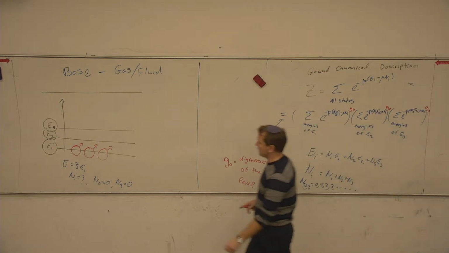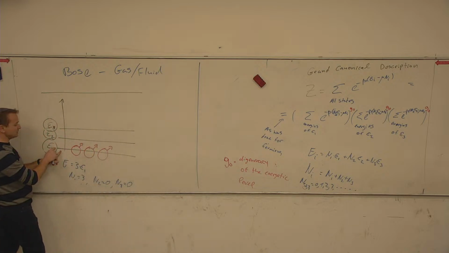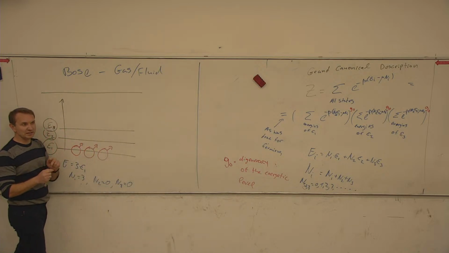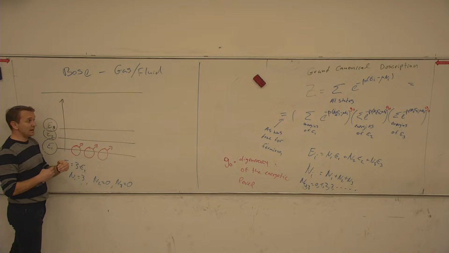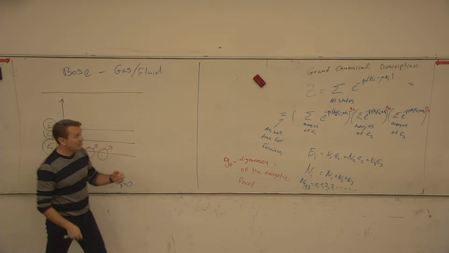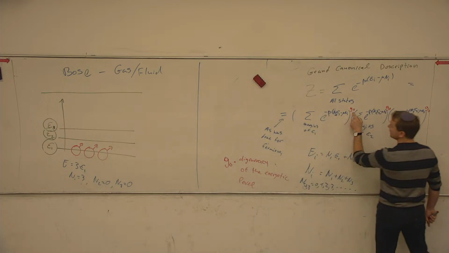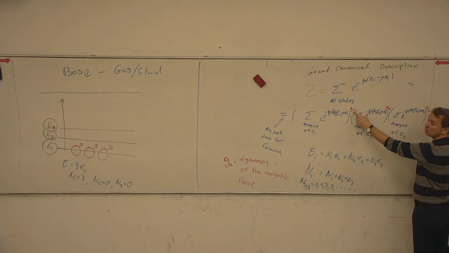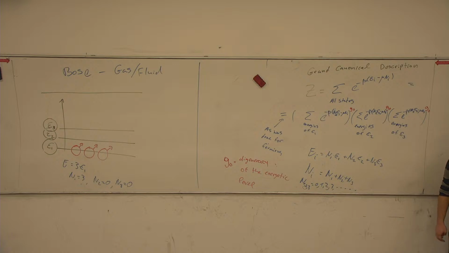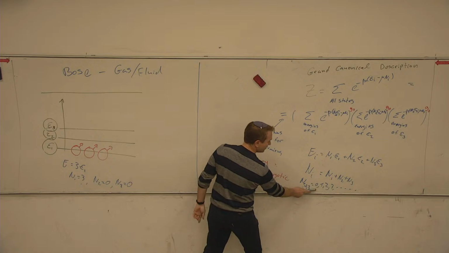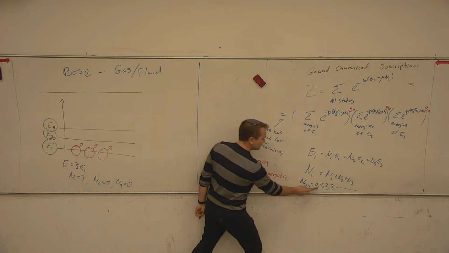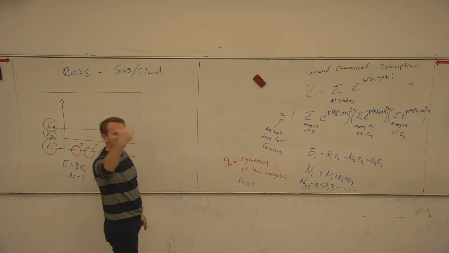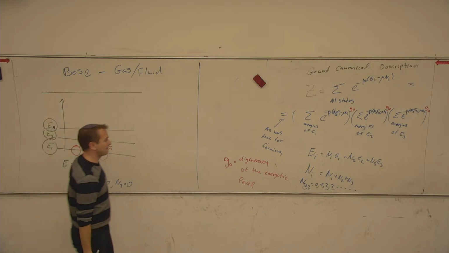Because for each state I have epsilon 1 with spin up, and epsilon 1 with spin down, for example. And since they are exactly the same, it contributes as a multiplicative factor to some power. We've seen this in fermions. It's exactly the same way as we derived this equation for fermions. Exactly the same works for bosons. The only difference is this n. In fermions you can have 0, 1, and here we have 0, 1, 2, 3, 4, 5, up to infinity.